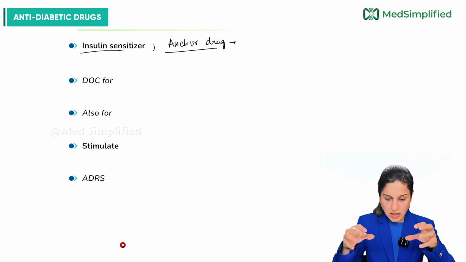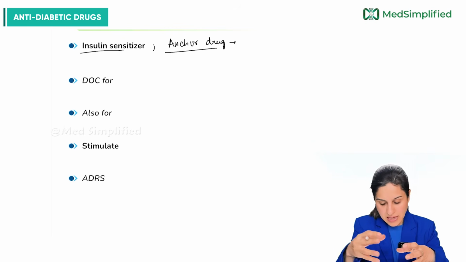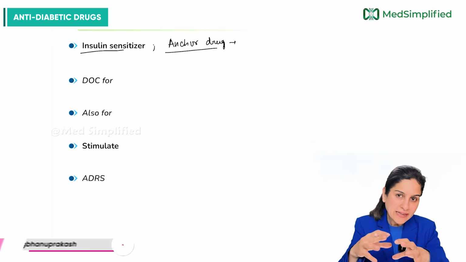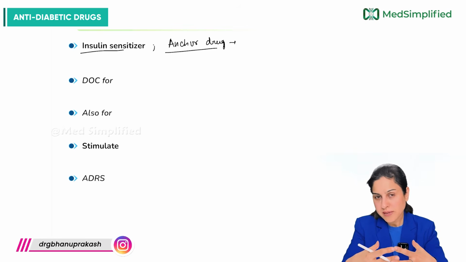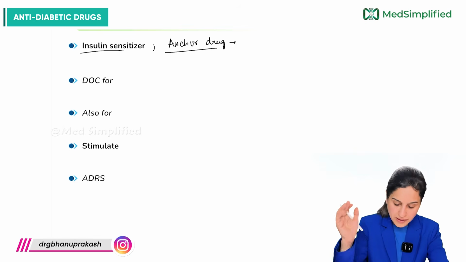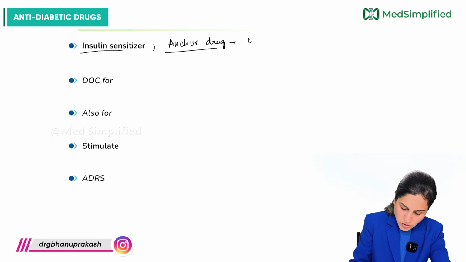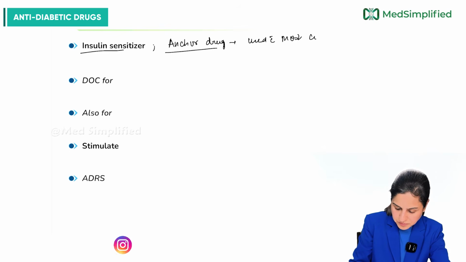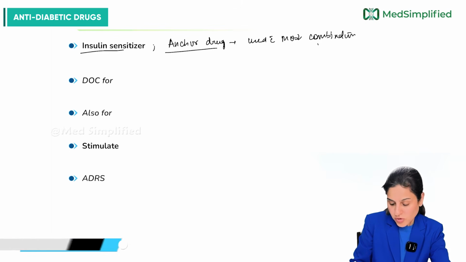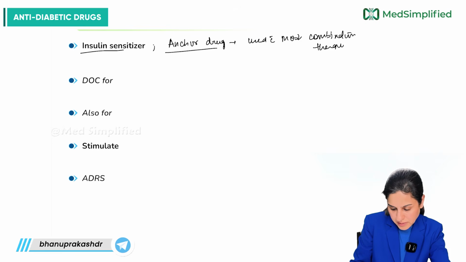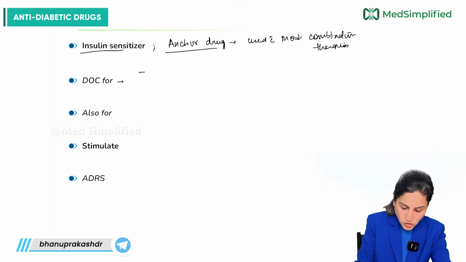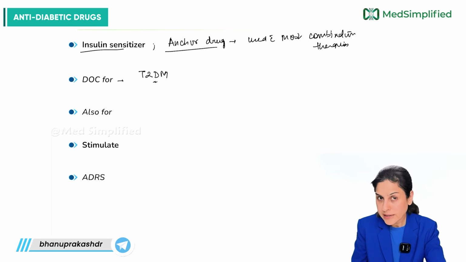It forms the base, and we keep on adding other drugs around this base. That's why it's called an anchor. It is mostly used with most combination therapies. It is the drug of choice for type 2 diabetes mellitus unless there is a contraindication.